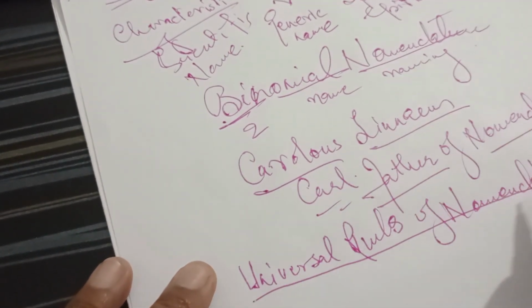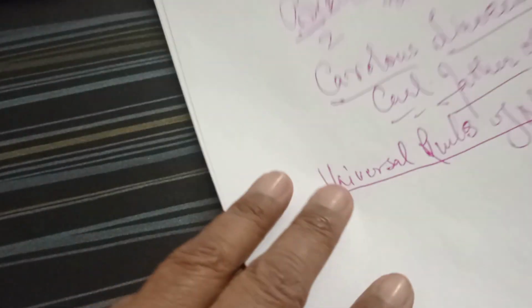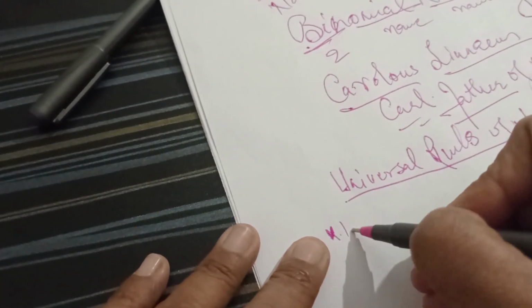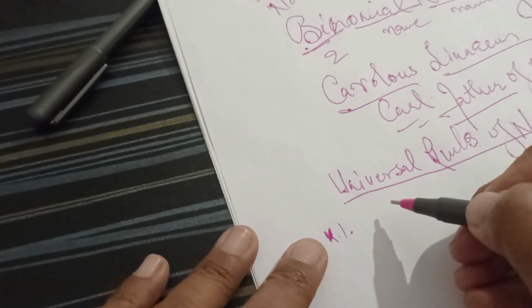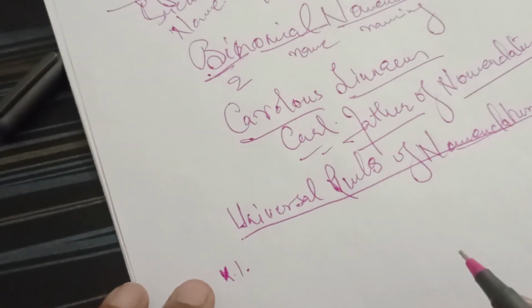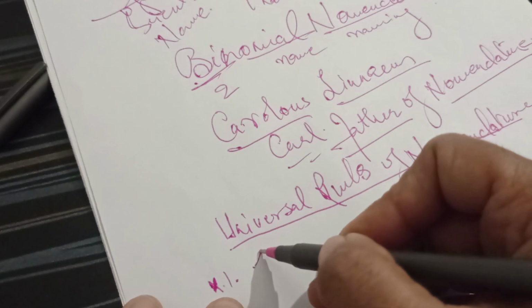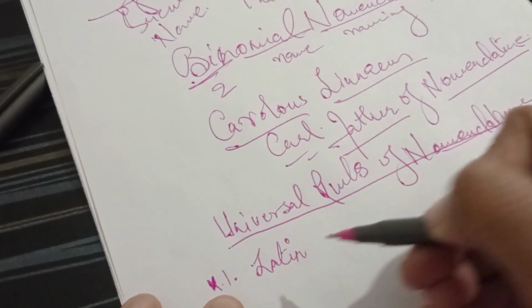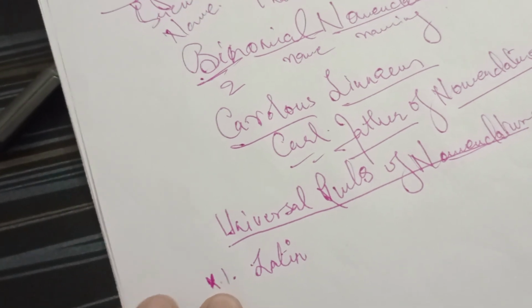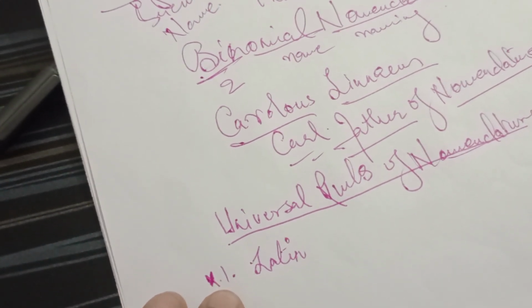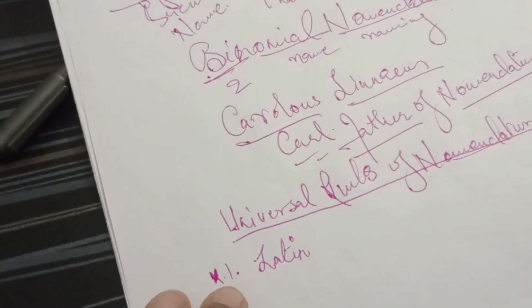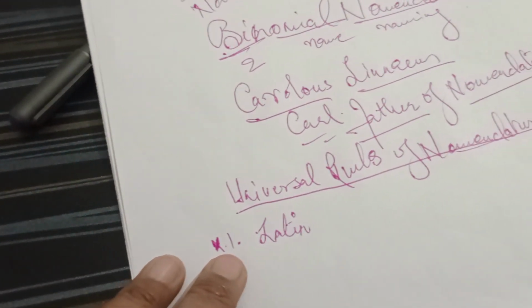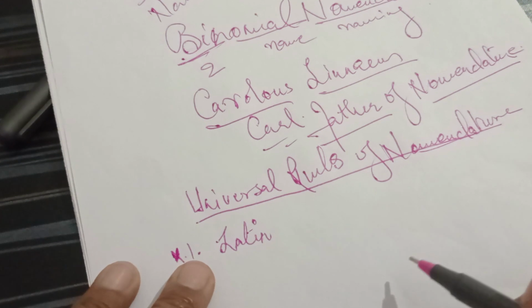Now you have to remember it very well. What are these universal rules? Number one, all biological names are of Latin origin. They will be of Latin origin to maintain a common thing between them, because if written in one language, these names will be common for all.